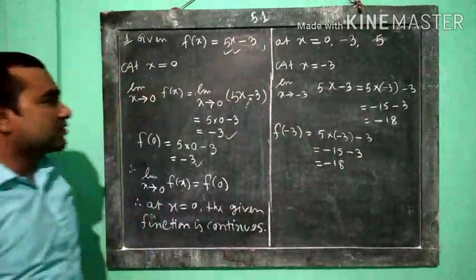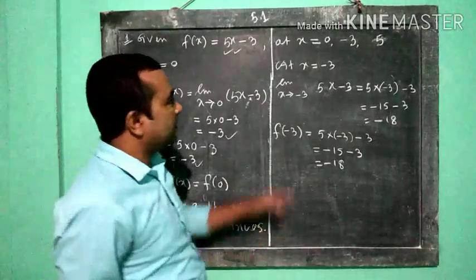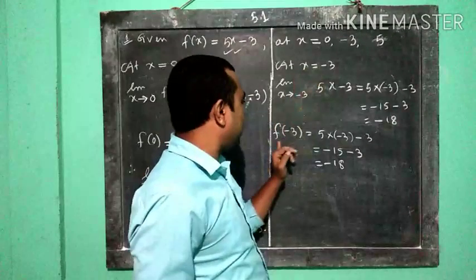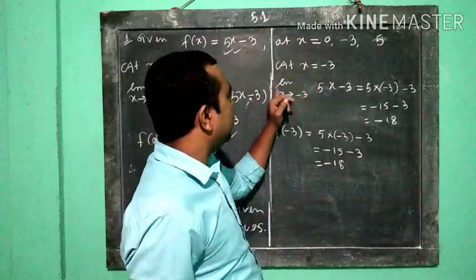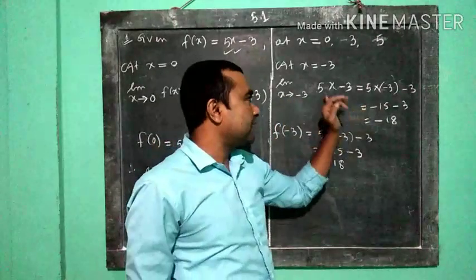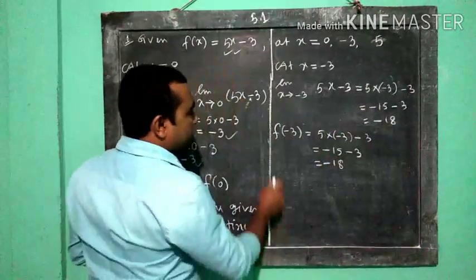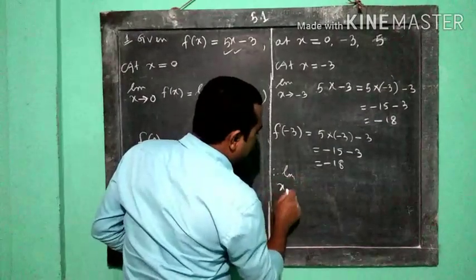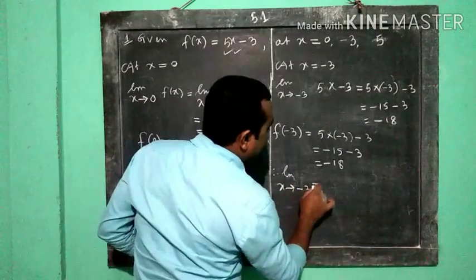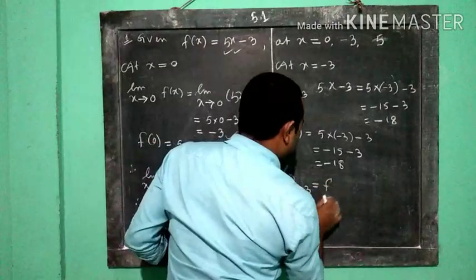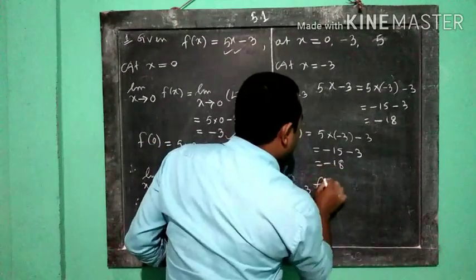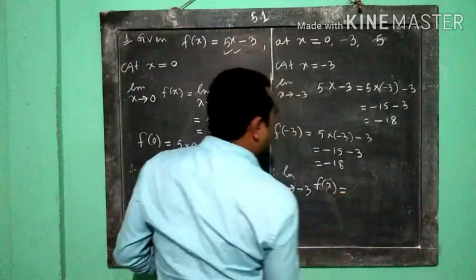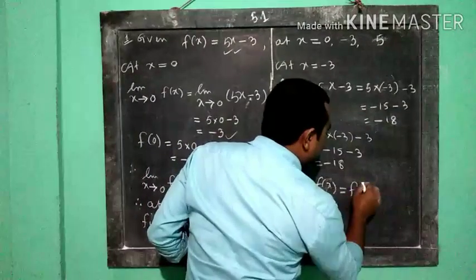So here also we have f(-3) and the limit as x tends to -3 with the same value, -18. Therefore, the limit as x tends to -3 of f(x) equals f(-3).